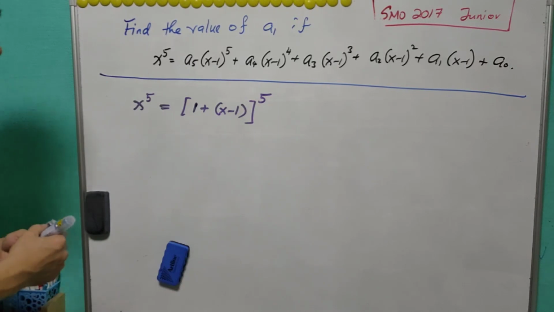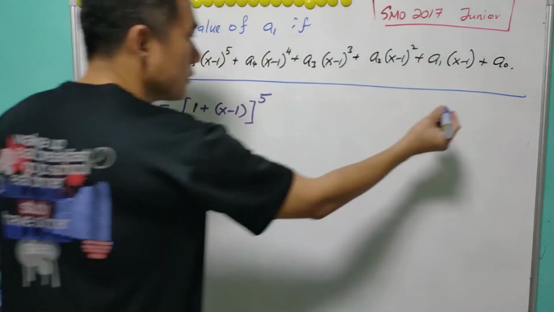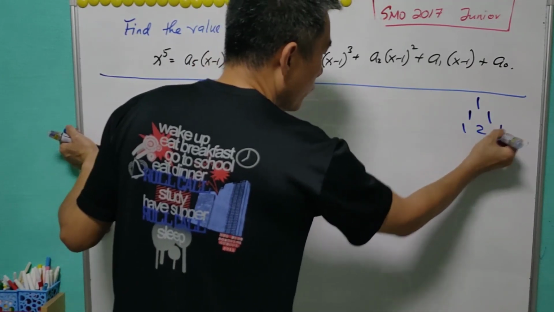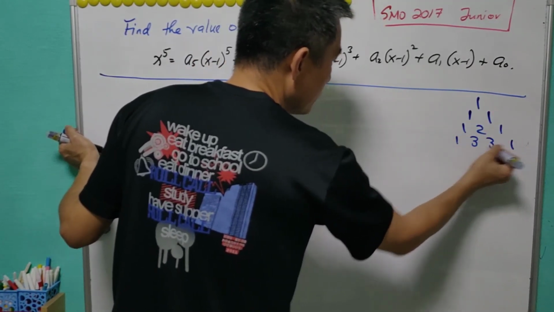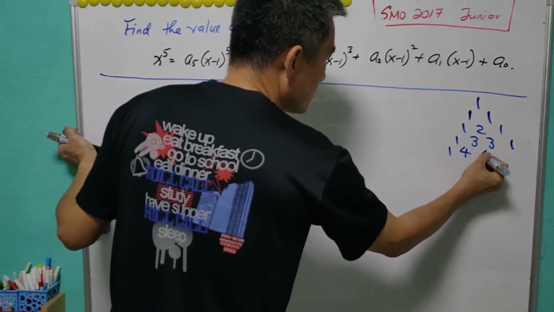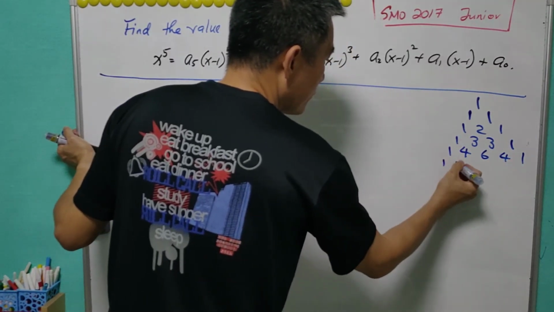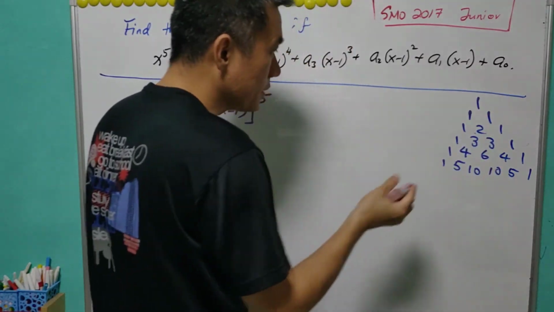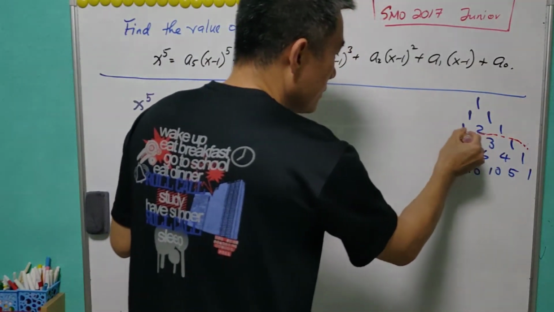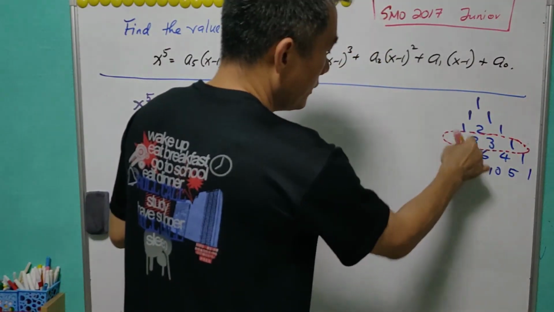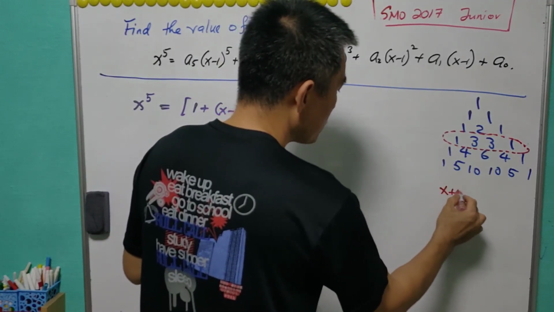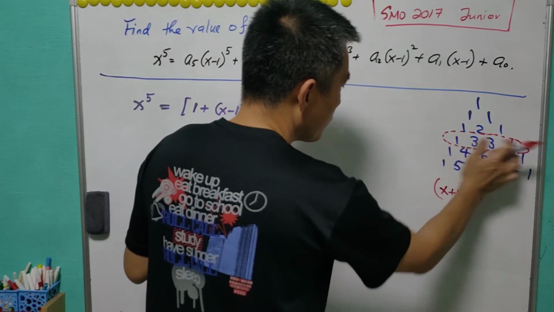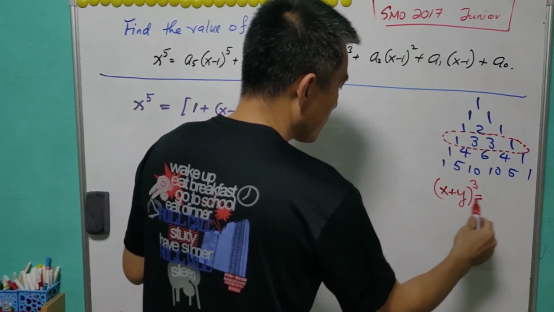Using the Pascal triangle, we know that the coefficients will be 1; 1, 1; 1, 2, 1; 1, 3, 3, 1; 1, 4, 6, 4, 1; 1, 5, 10, 10, 5, 1. What does it mean? If you choose, say, this row, it is of (x+y)^3, then the coefficients will be 1, 3, 3, 1.